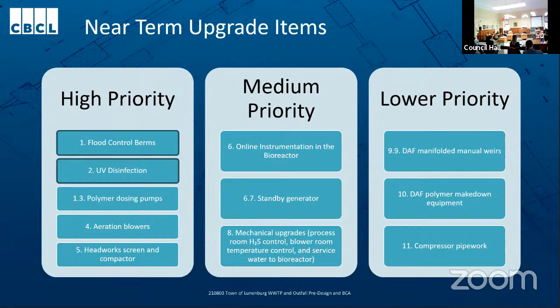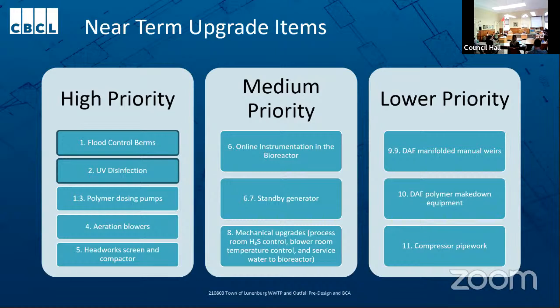The 2 highest priority items from our ranking of all of these near-term upgrade items are the flood control berm and the UV disinfection capacity upgrade. These 2 are ones that have been causing problems historically, and we feel that these are the 2 that are the most important to move forward on in the short term.